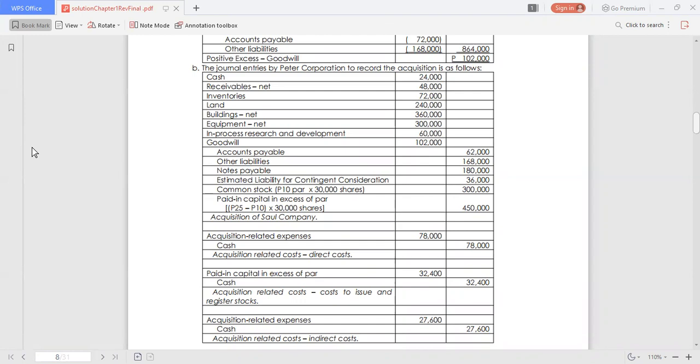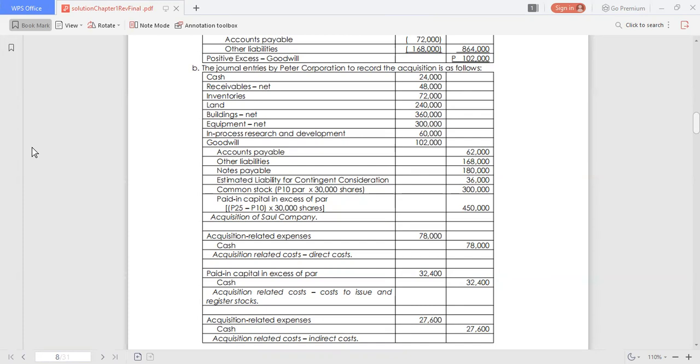We now credit accounts payable for the amount of 62,000. Then we have other liabilities for 168,000. We have notes payable for 180,000.